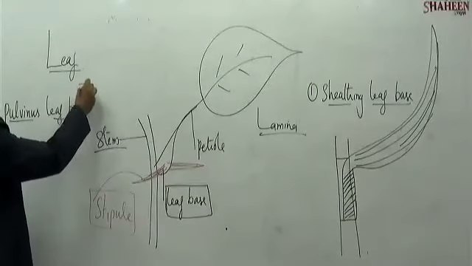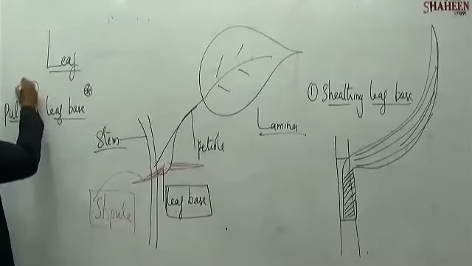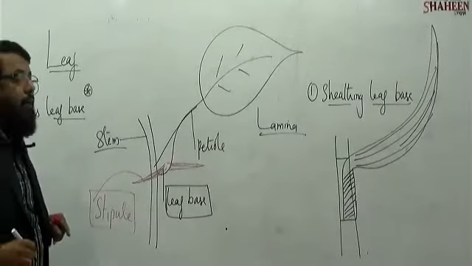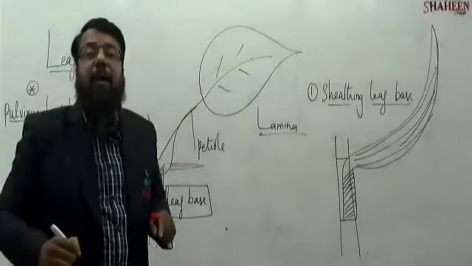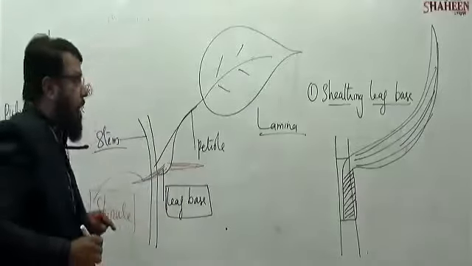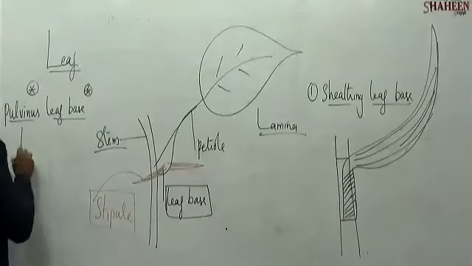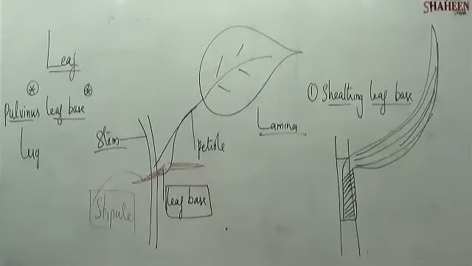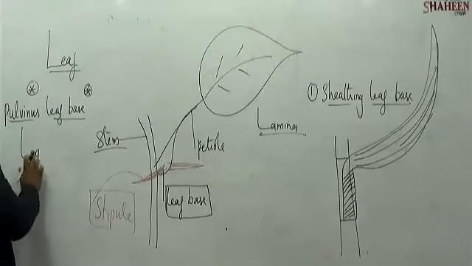The pulvinous leaf base is usually observed in leguminous plants. What is a leguminous plant? A plant that produces legume fruit.